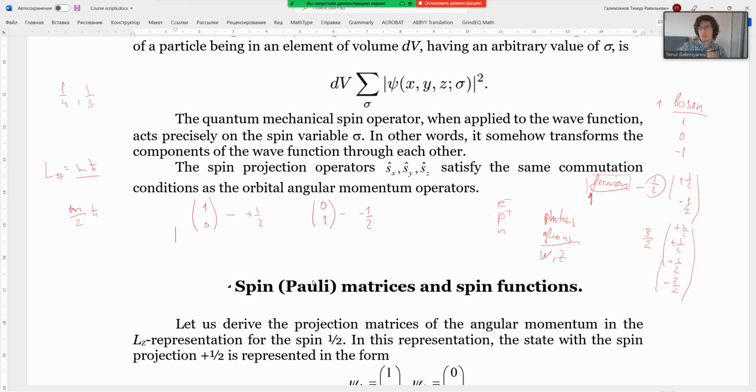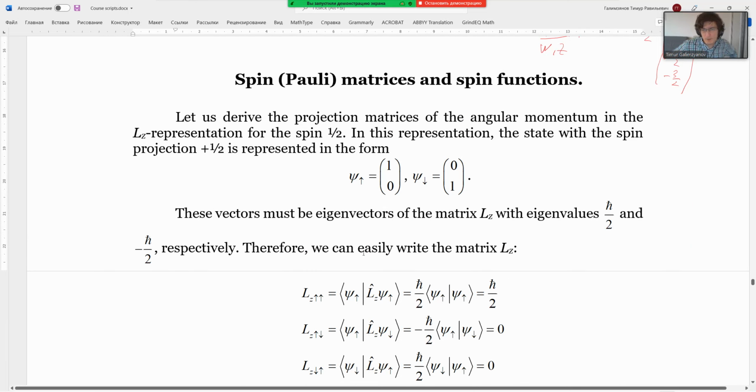So what you probably know, but recall, is that fermions have a half integer spin and bosons have integer spin. If we're working with fermions, it is easy: the plus 1/2 projection we denote by the up arrow, and minus 1/2 by the down arrow.